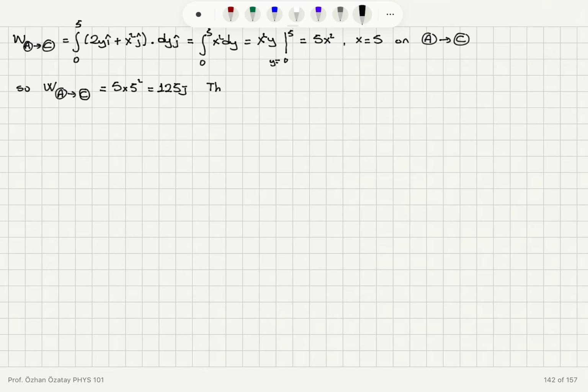Then we can add these two contributions. Work done along the purple path going from the origin to point A to point C is 0 plus 125, that is 125 joules.